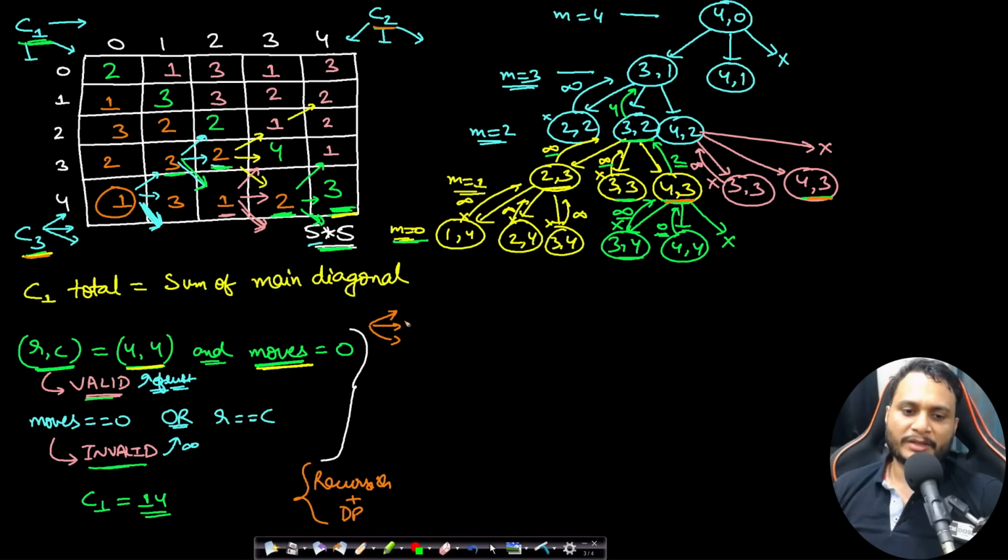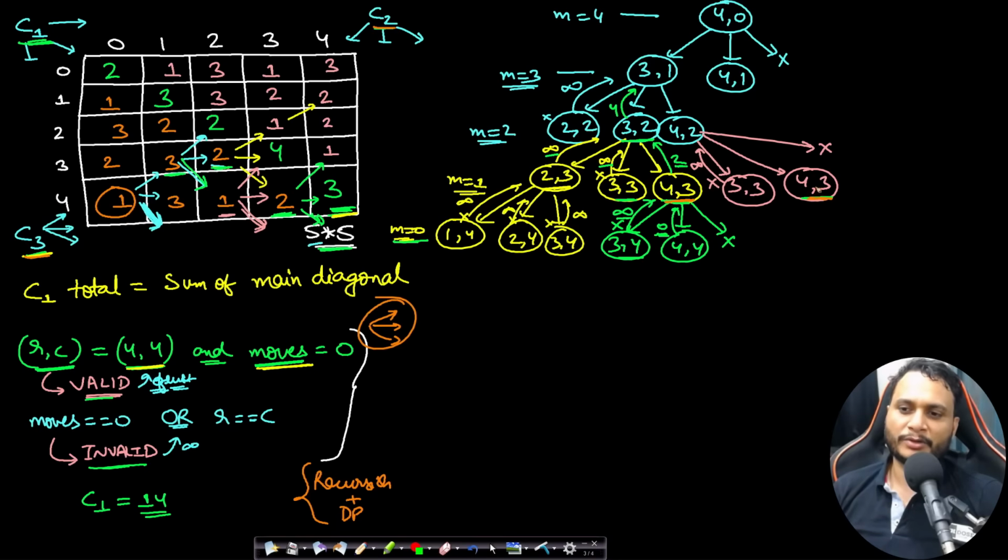Why is this happening? Because if you take one move in any of these 3 directions, you are moving forward by one step. Always you will be moving forward, either up, right, or down. That is why the number of moves will not change when you reach a cell, because of the nature of this 3 directional movement.